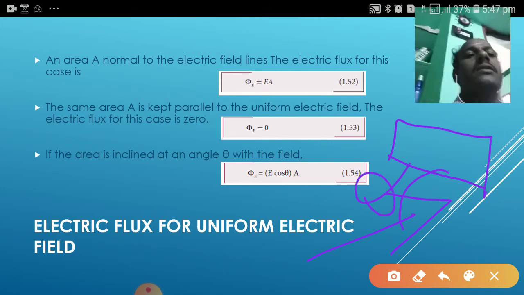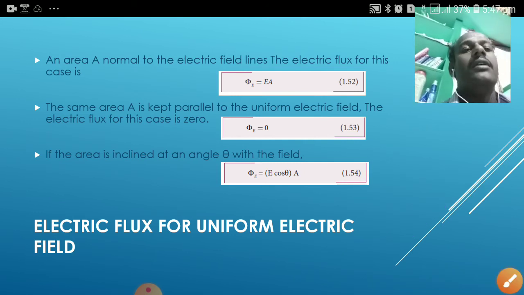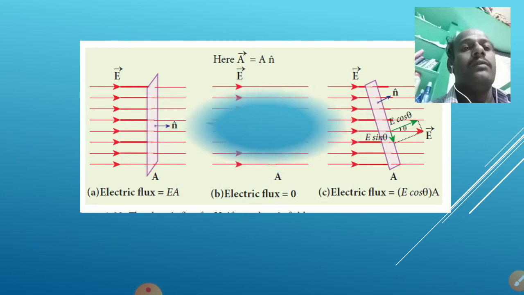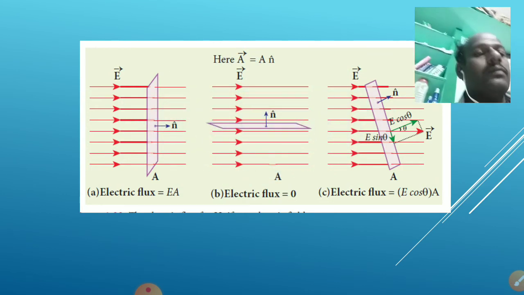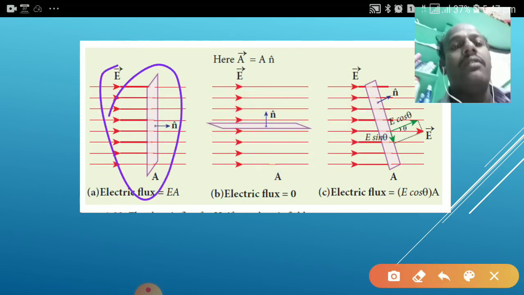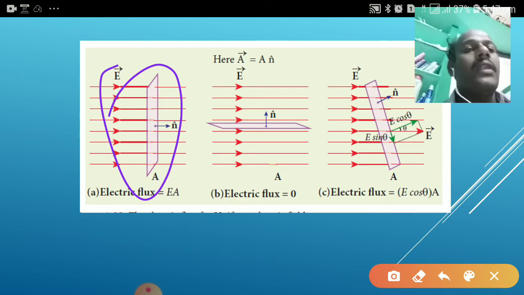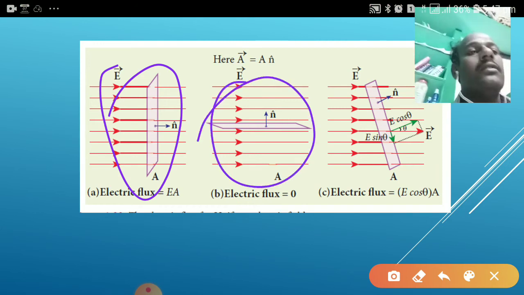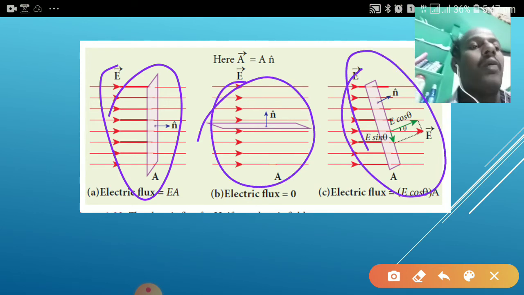In that case the electric flux will be E cos theta times A. This is the example I have shown: the first case keeping the area normal, the second parallel, and the third at some angle.